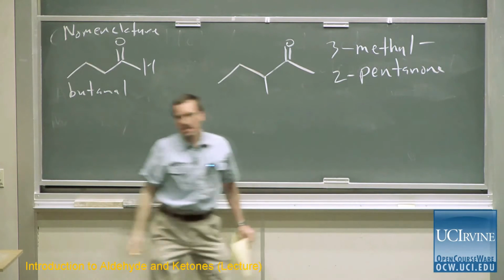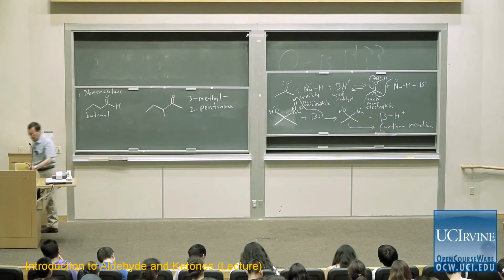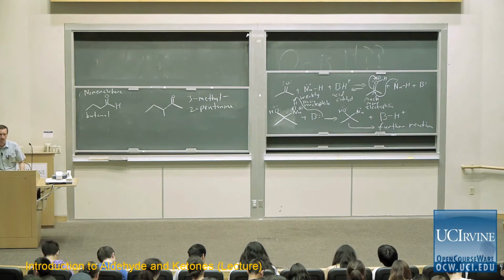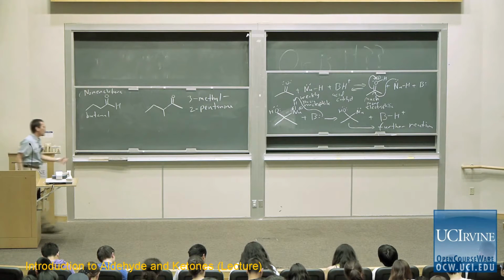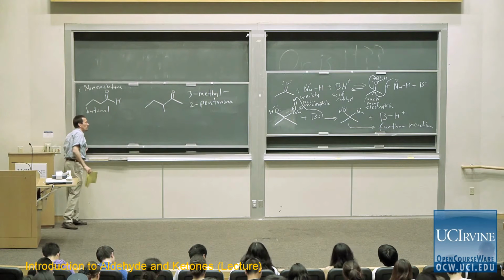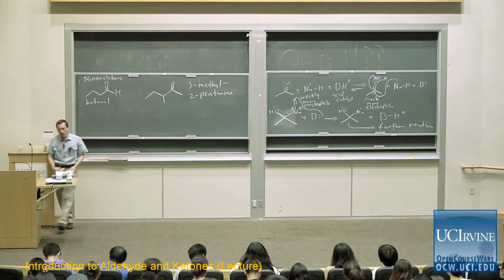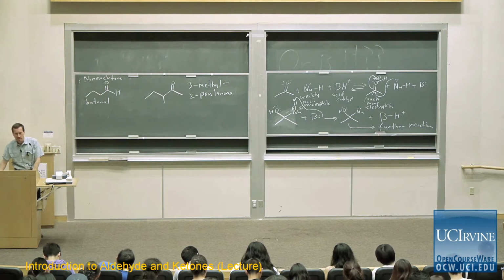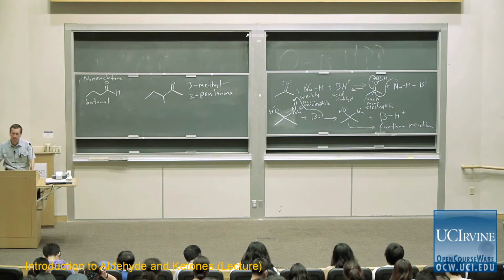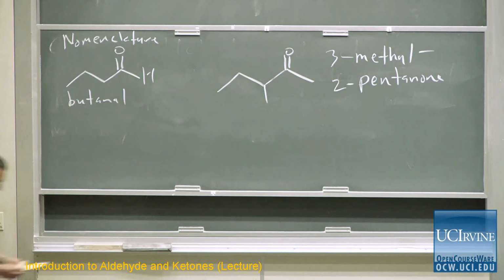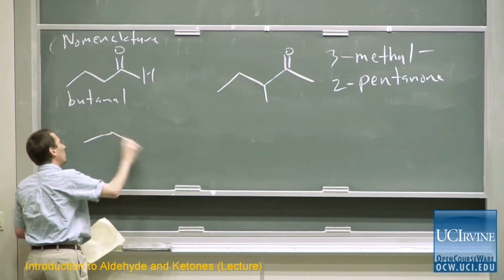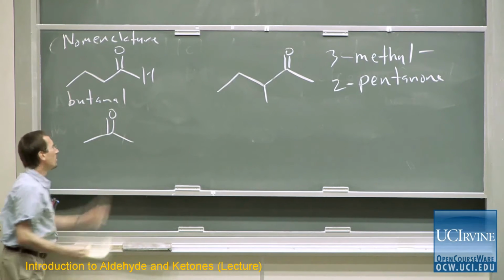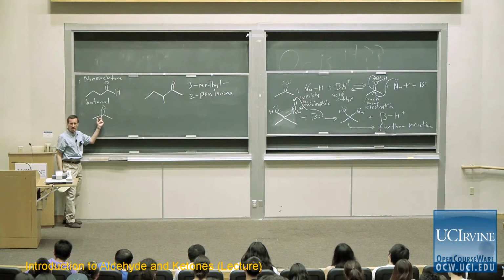And really, that's all there is to naming compounds by way of the IUPAC names for aldehydes and ketones. Now, there are so many aldehydes and ketones that have common names that we would maybe never even use the systematic name. So for example, if I looked at this ketone, who knows what this ketone is?